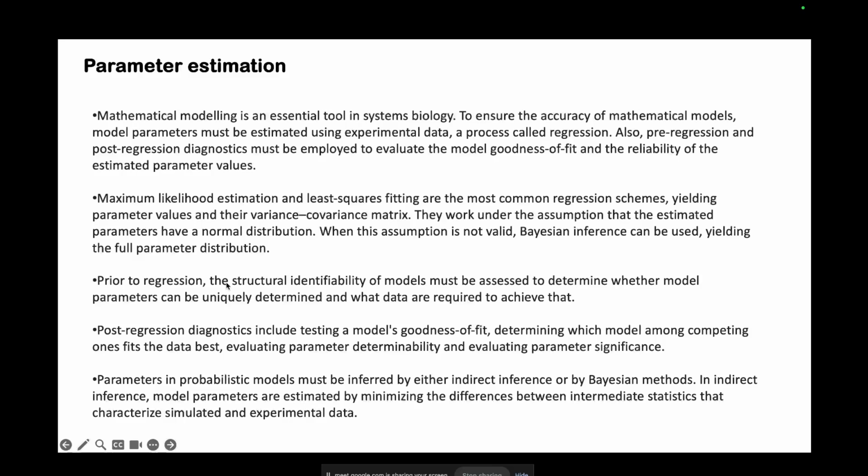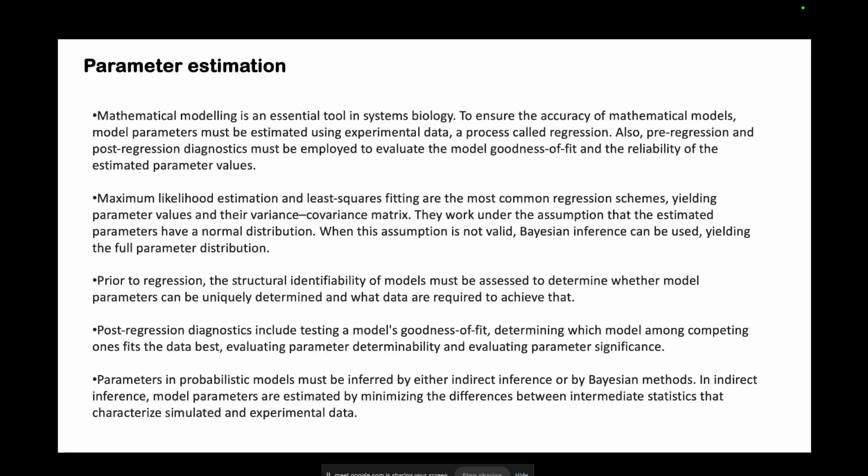So prior to regression, the structural identifiability of the models must be assessed to determine whether model parameters can uniquely be determined and what data is required to achieve that, because that is important. And after you regress and find the best case, you need to test a model's goodness of fit, determining which model among the competing ones actually best fits your data, evaluating parameter determinability, and evaluating the parameter significance.